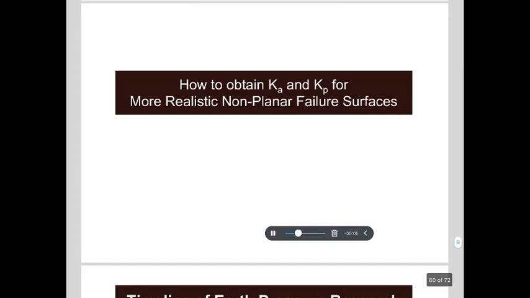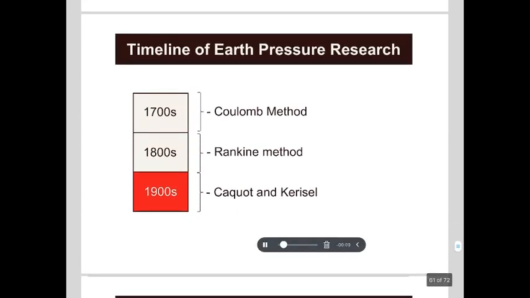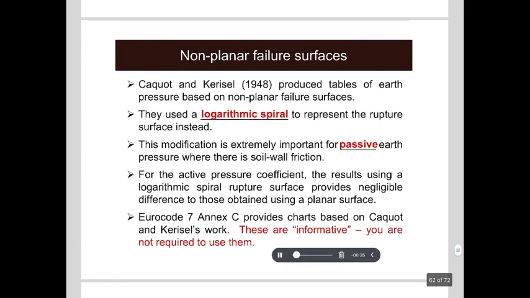So now we look at how to obtain the Ka and Kp for the more realistic non-planar failure surfaces. In the 1900s, Caquot and Kerisel developed methods to estimate the lateral earth pressure assuming a non-planar failure surface. Caquot and Kerisel produced tables of earth pressure based on non-planar failure surfaces.